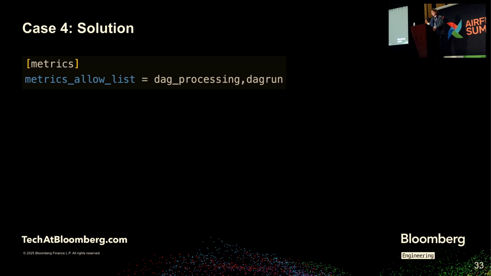So metrics have been useful for automated alerting and ticket creation. So here we've included all of the DAG processing and DAG run metrics. And some examples that we've included are dag_processing.last_run.seconds_ago, which tracks the number of seconds since the last DAG processing run.